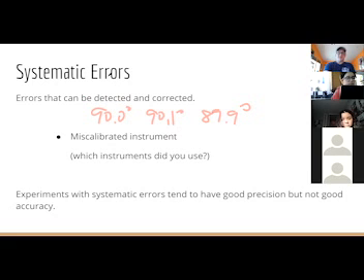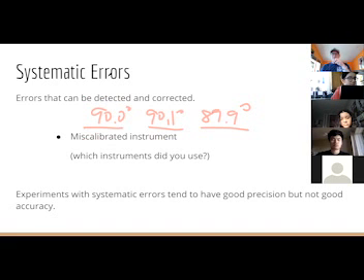Because I'm getting pretty close to the same answer every time. Unfortunately, it's the wrong answer, but I'm getting the same answer every time. So basically what that means is whatever method I'm using to determine the temperature is a good method. It's precise, it's reproducible, but there's something wrong. I haven't tuned it or tweaked it in order to give it the right temperature. So this would be precise, but not accurate.